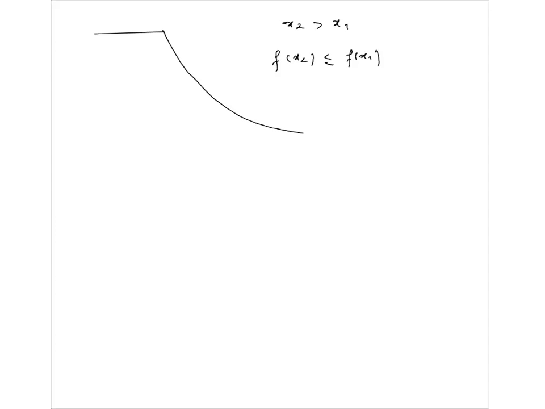So if I take 2 points here, clearly x2 is more than x1 and f of x2 is equal to f of x1. That satisfies this definition. So yes. Any other question if you have, then let me know.